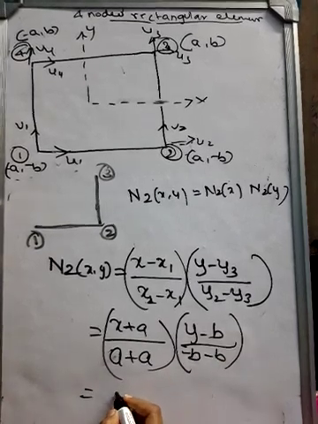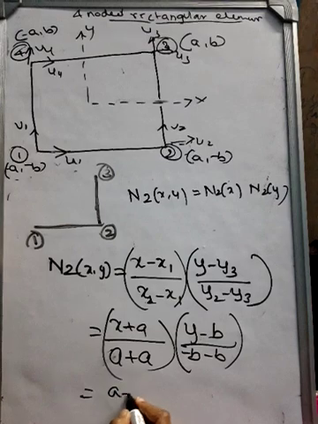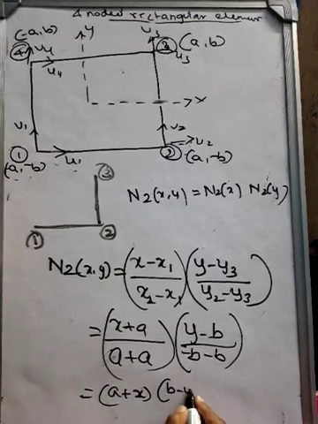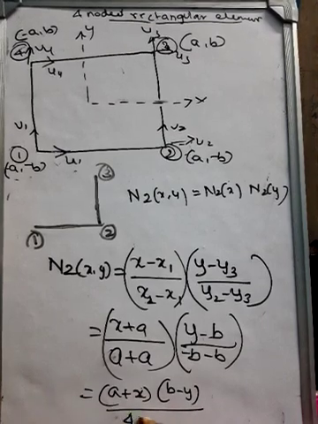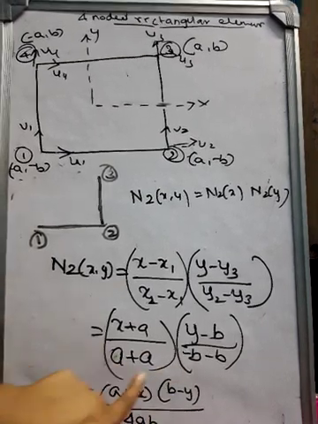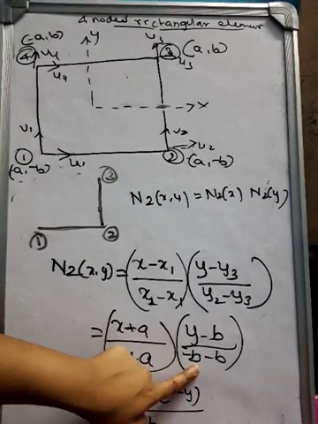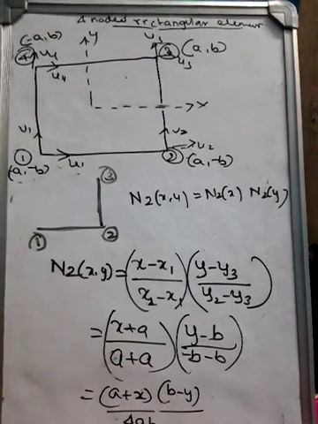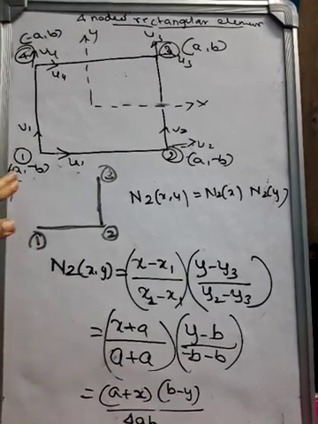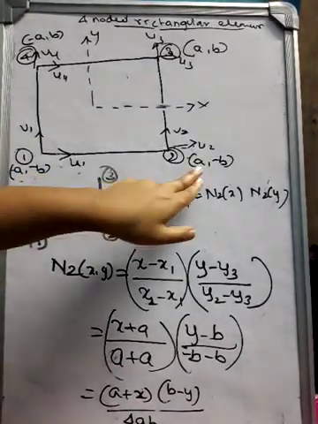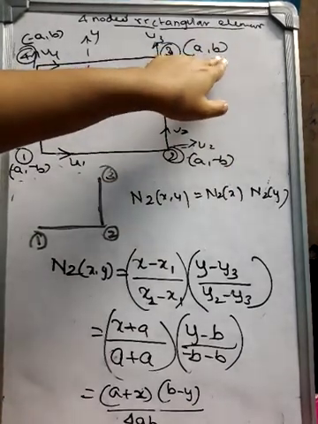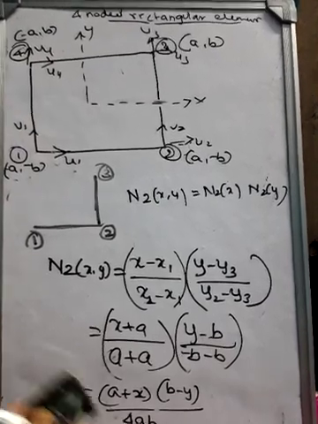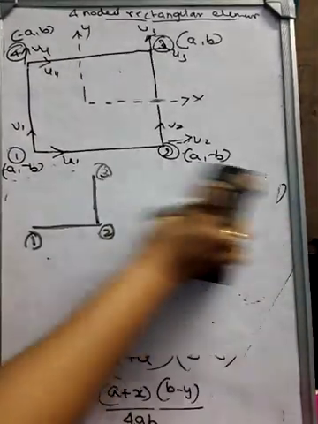So we'll be getting a plus x into b minus y divided by 4ab, because here 2a will come, here minus 2b will come, so that minus I have just made it here. I forgot to tell you, this will be the x1 y1 value, this is x2 y2, x3 y3, x4 y4 value. Okay, now this is about the N2 value.